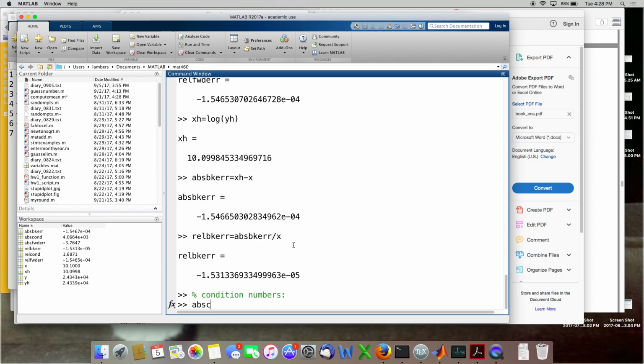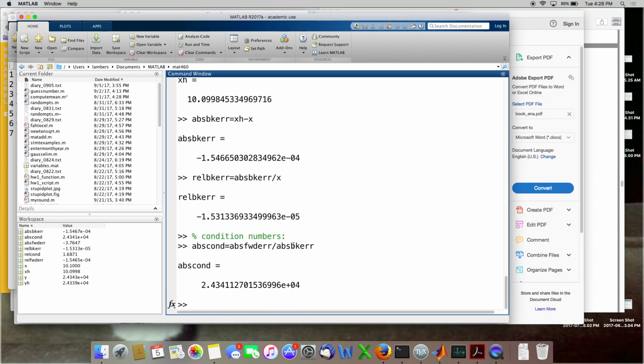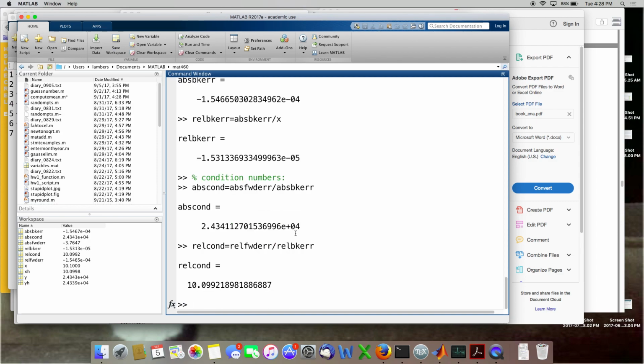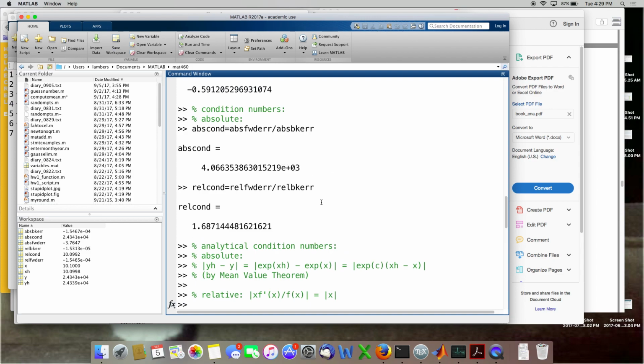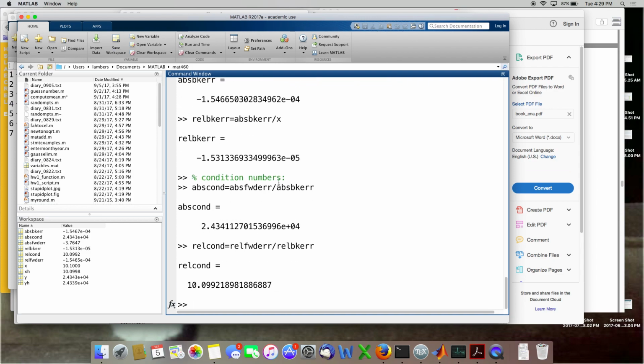Again, I have the absolute condition number, and then the relative condition number. All right, now, what do we notice about the absolute condition number this time, compared to before? I'll scroll up. Here's what it was before versus now. Yeah, and it wasn't exactly small the first time. It's still quite big. And also here, this relative condition number is also larger than before.